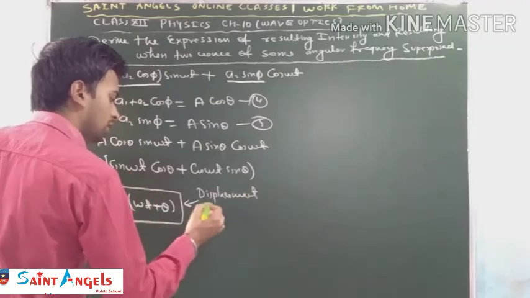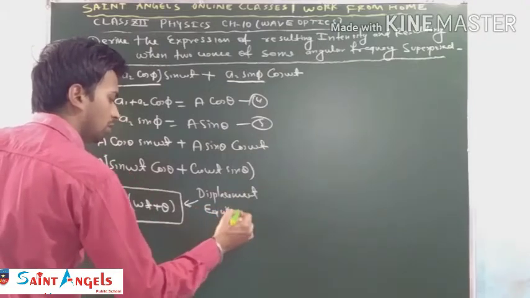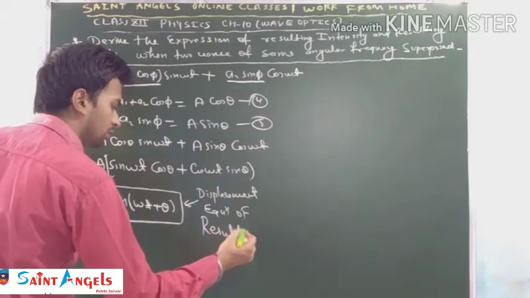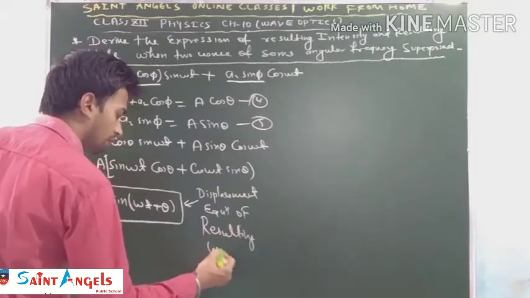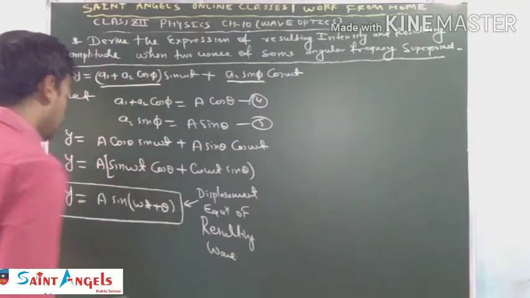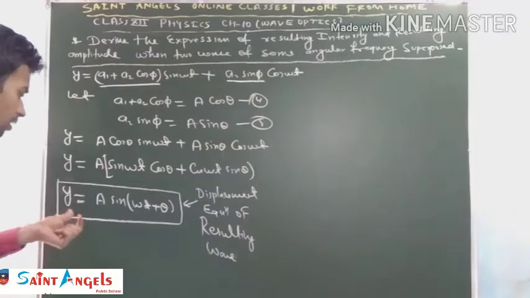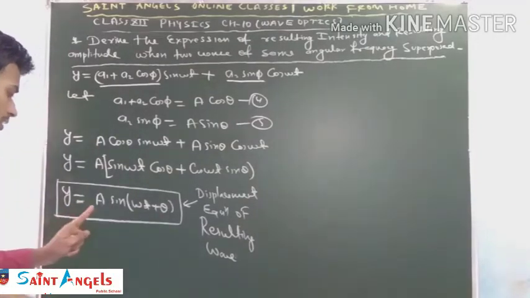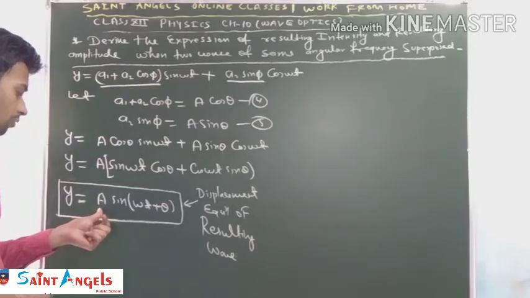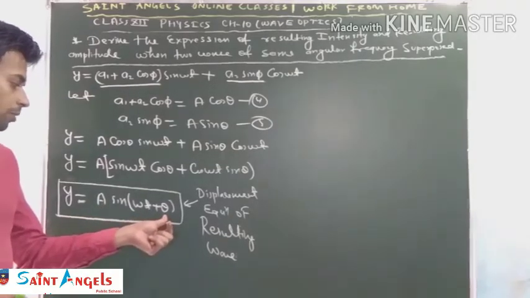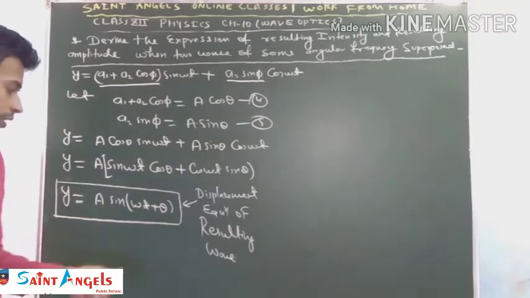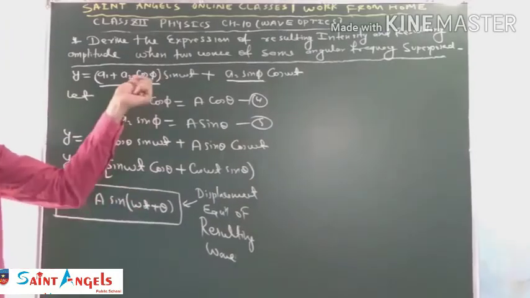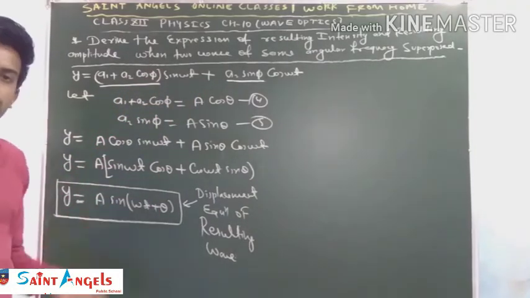Student, it is clear that the resulting wave also shows sinusoidal nature, but the amplitude of the resulting wave and the phase difference of the resulting wave are different. The resulting wave has the same angular frequency as both superposed waves.